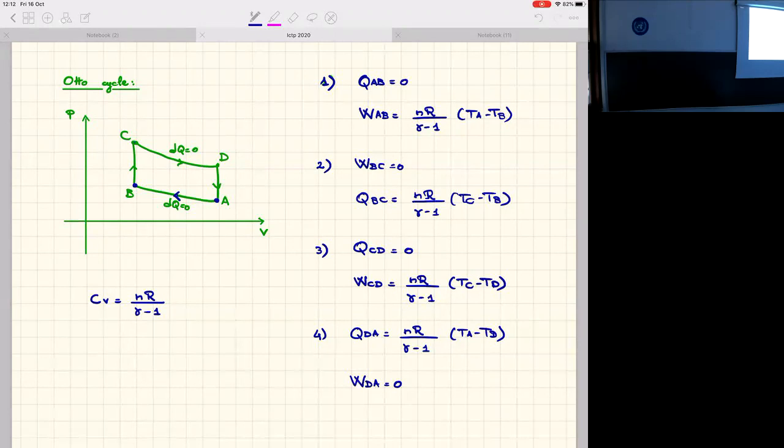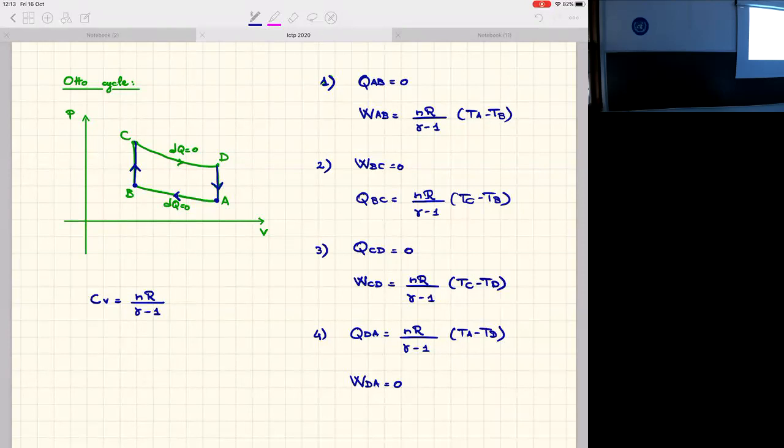Here, you're increasing the temperature, right? Because you're increasing pressure in a system at constant volume, therefore you're increasing temperature. P times V equal to nRT. So therefore, here you're giving heat on this stroke to the system, and here you're taking heat, right?